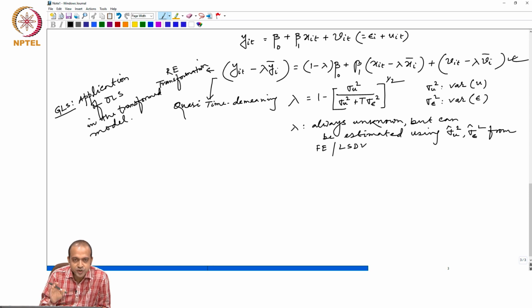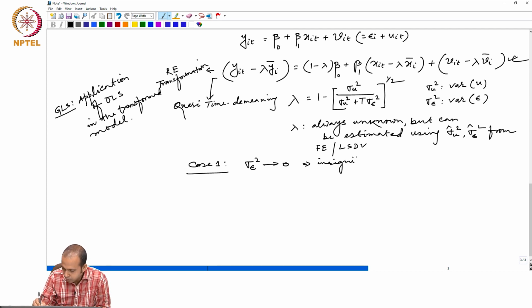Now, if we look at this random effect model very carefully, we can understand that it is a more generalized version of pooled OLS and the fixed effect model. We can prove that. Let us say two alternative cases. Case 1: let us assume that sigma square epsilon tends to 0, which implies an insignificant unobserved effect.